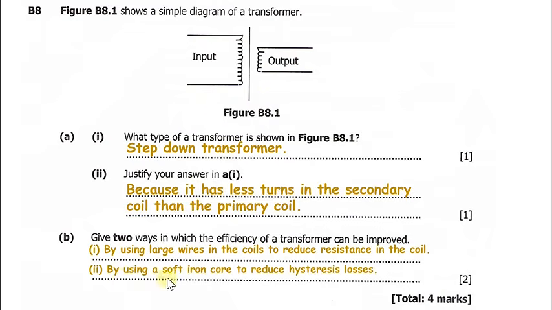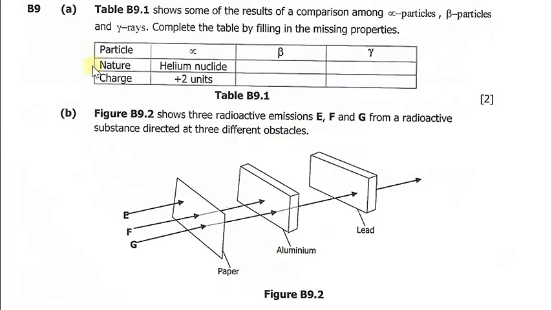Then also by using a soft iron core to reduce hysteresis losses. If you use a soft iron core around this, it reduces the hysteresis losses, which is the demagnetization and the magnetization process. So if these are reduced, then you expect the efficiency of a transformer to be more. All right, so let's push to the other one.